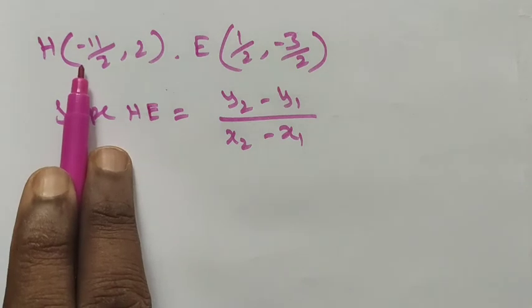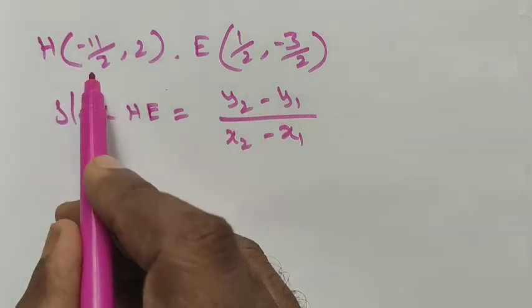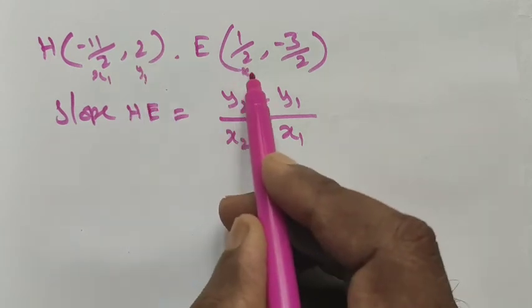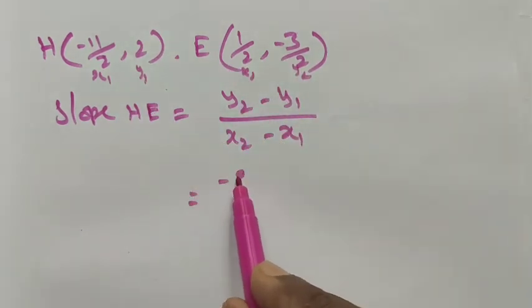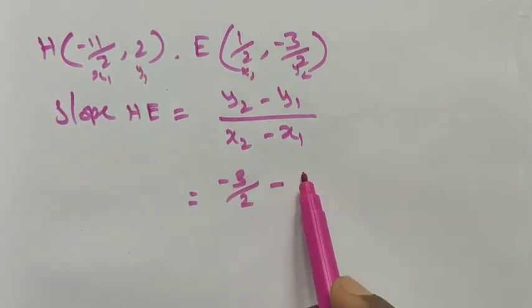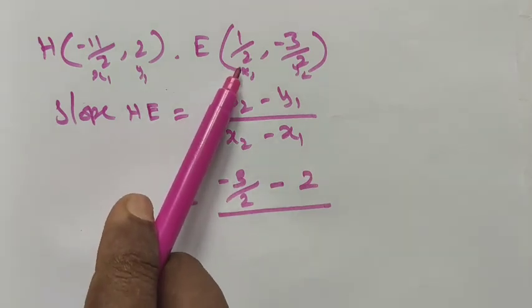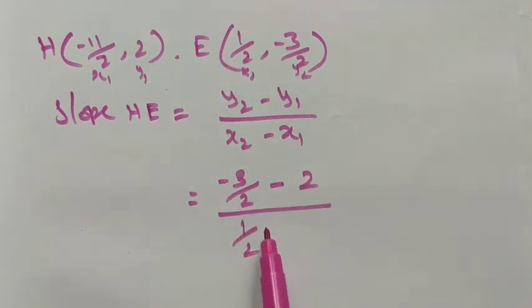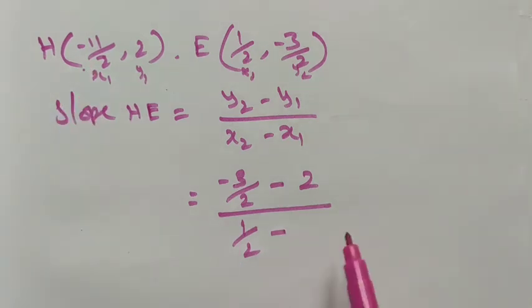Now we want to find the slope of HE. Let me take the 2 points H and E. The slope is y2 minus y1 divided by x2 minus x1. First point as x1, y1, second point as x2, y2. Now what is y2 here? Minus 3 by 2, minus y1, which is 2, divided by x2, which is 1 by 2, minus x1, which is minus 11 divided by 2.